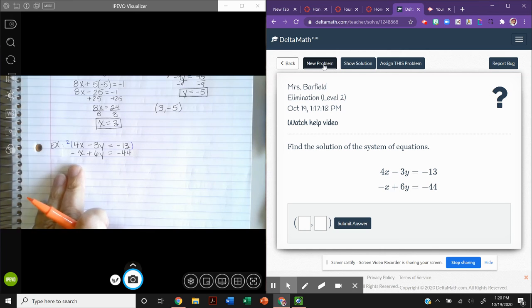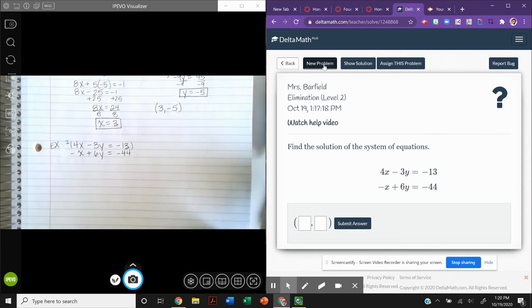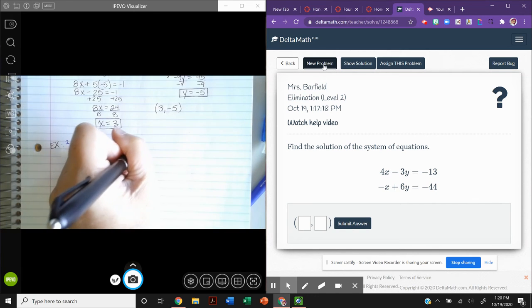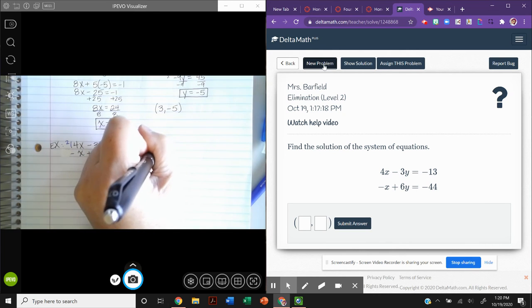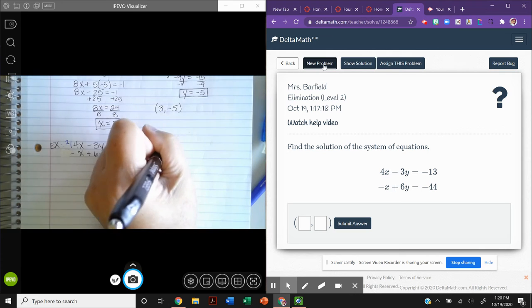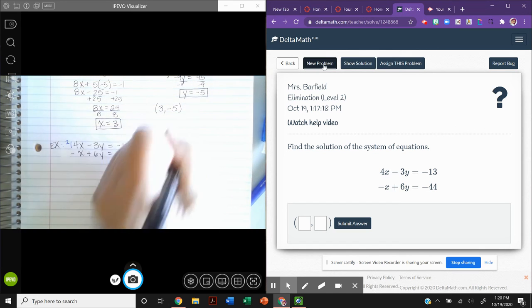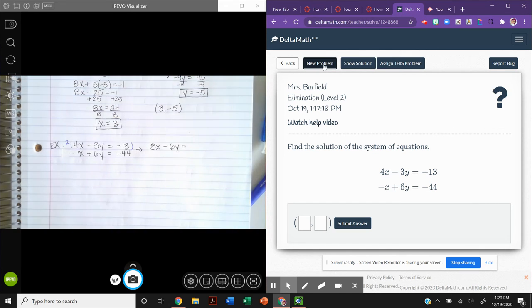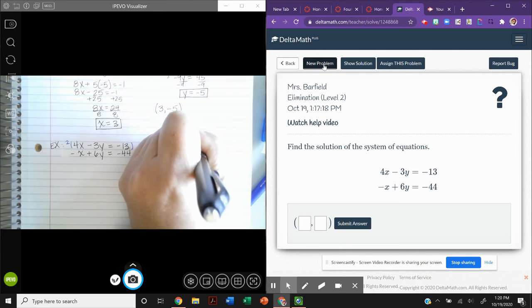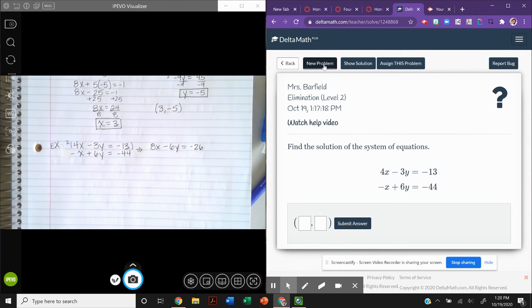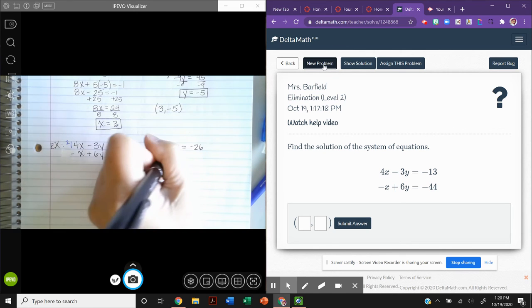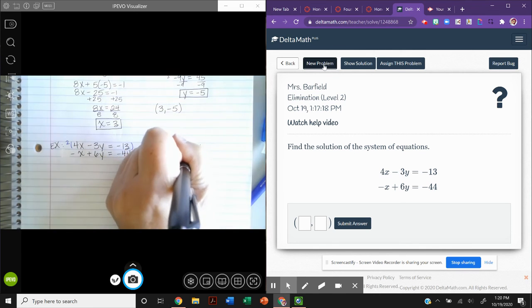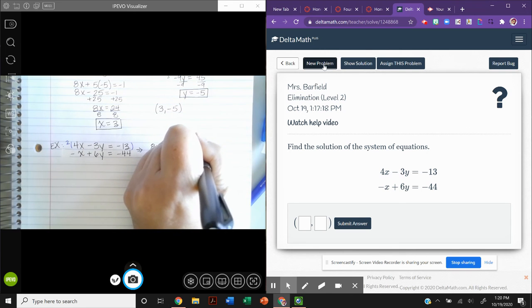So for me, I'm going to multiply the top by 2. And again, it's not wrong if you multiplied by something different. So -6y equals, and 2 times that is going to be -26. And then I'm going to leave the bottom equation alone. So -x plus 6y equals -44.